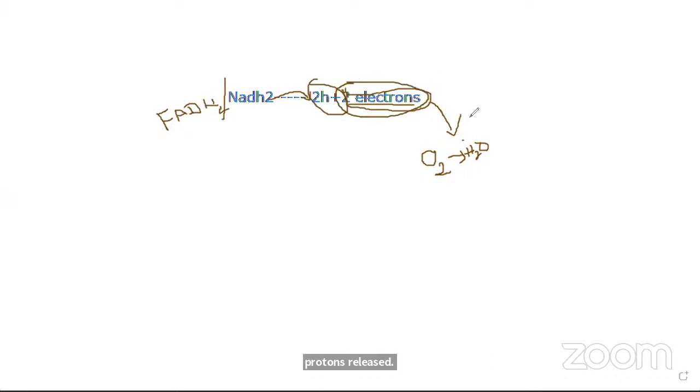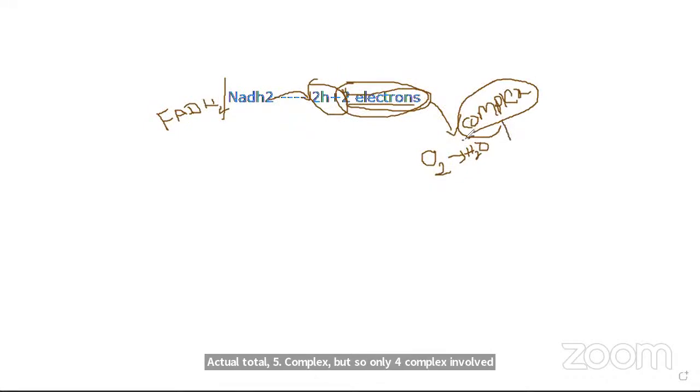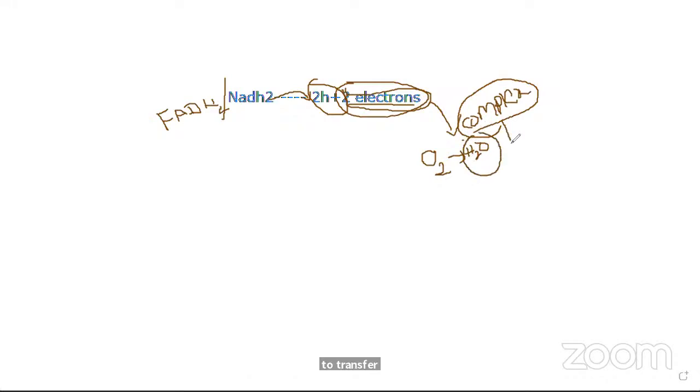These electrons pass through the complexes, totally 5 complexes, but only 4 complexes are involved in transporting the electrons, which are finally given to the water molecule. Is it clear first? Yes, sir.